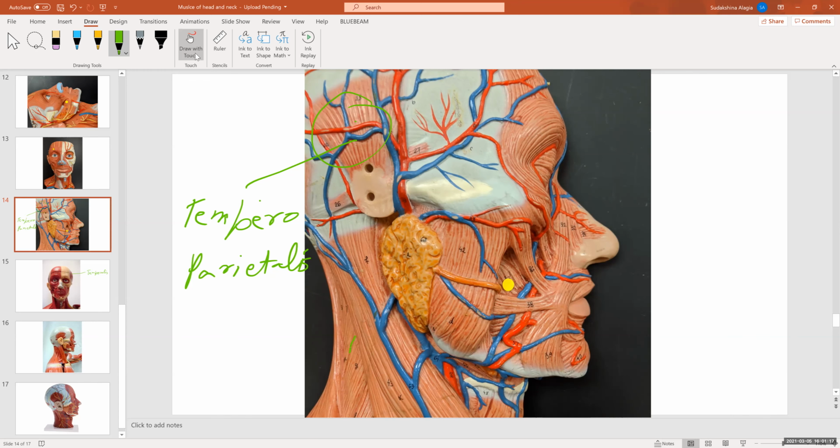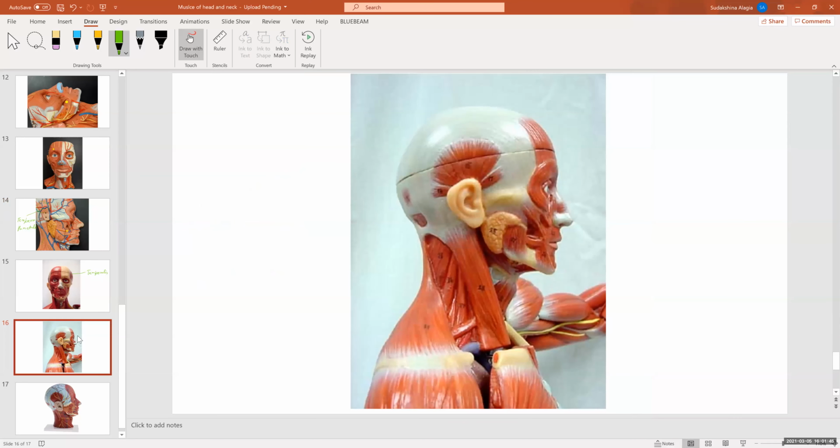If you pay attention, you can see the difference between the splenius capitis, actually no, you just see the splenius capitis, not the levator scapulae. So identify, you can see that this is thicker, temporalis.